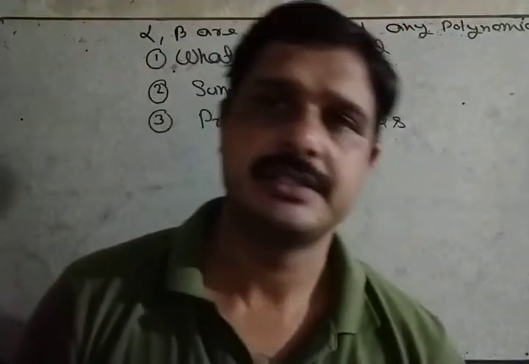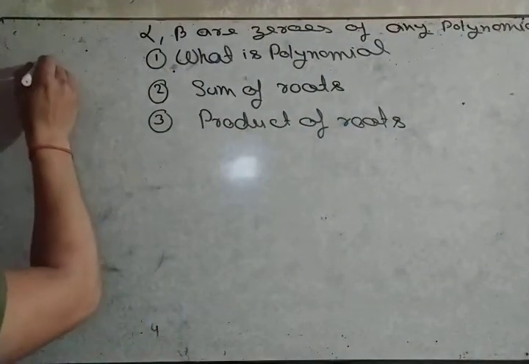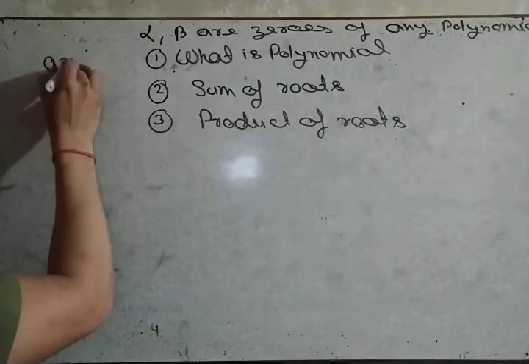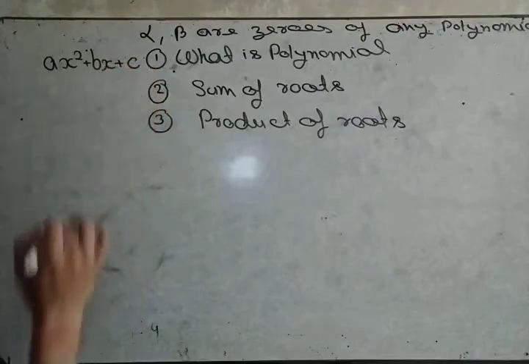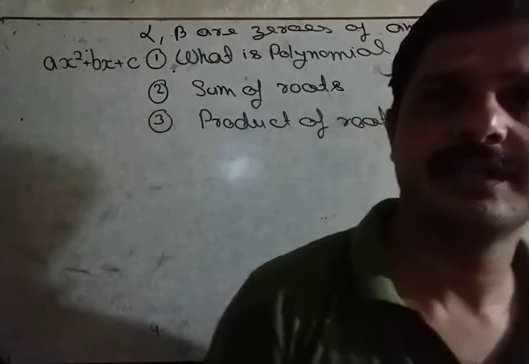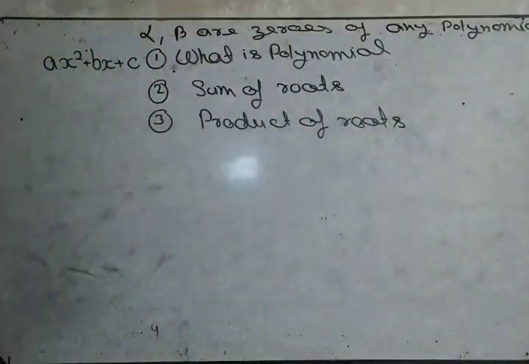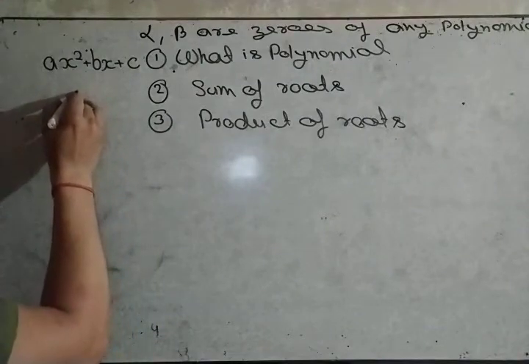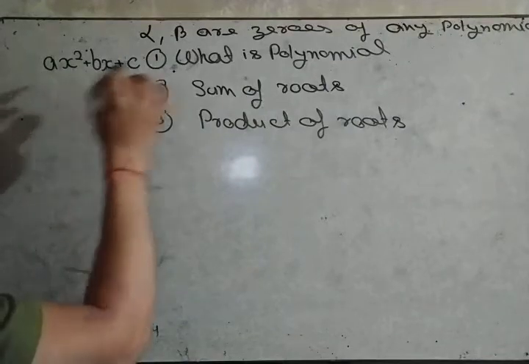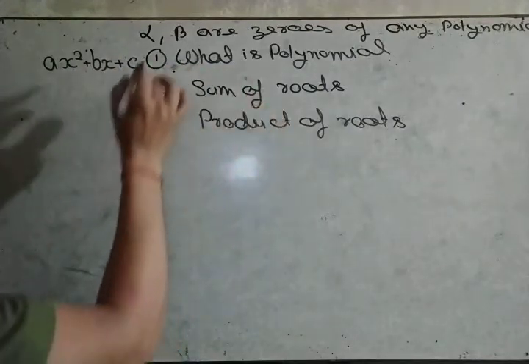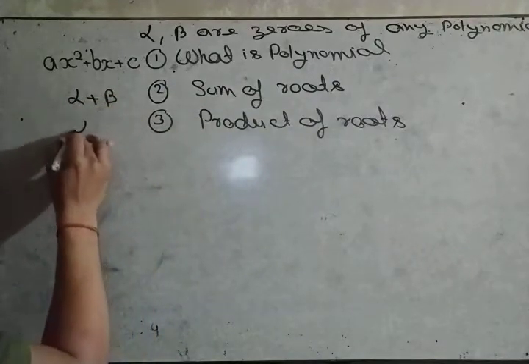And if we assume ax square plus bx plus c is the required polynomial, and alpha and beta are the roots of this polynomial, the sum of the roots is alpha plus beta, and the product of the roots is alpha into beta.